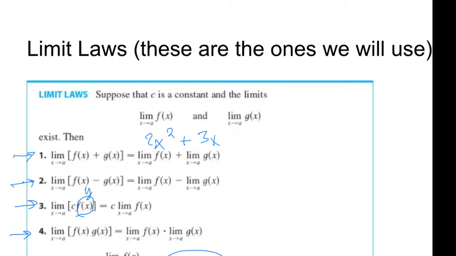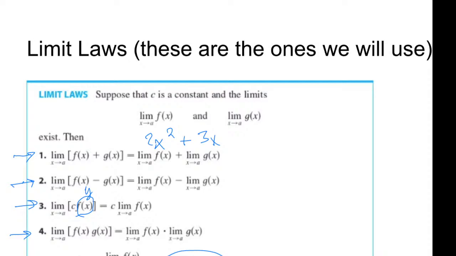Once we've got those limits, we can either multiply them, divide them, or go forward. But they both have to exist. If one of the limits doesn't exist at a, we're stuck, because you can't multiply unknown times 5, right? That doesn't get you anywhere. Good question.